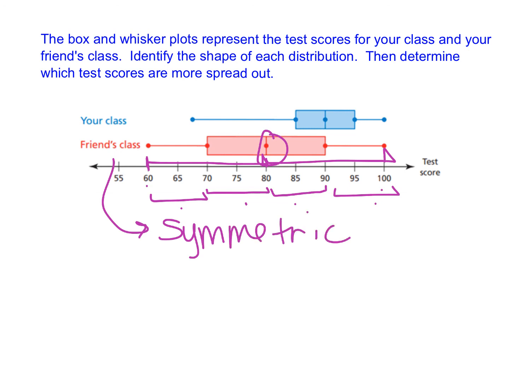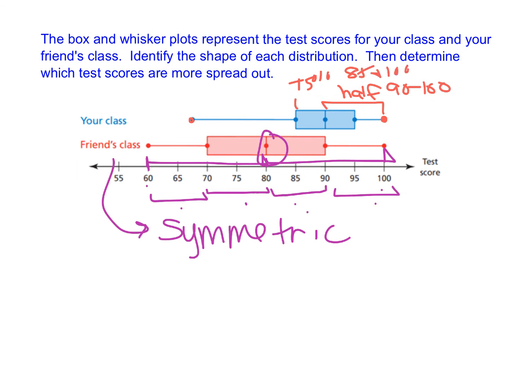Now here, we have values going from about 68 up to 100 in this top plot. And what I notice is that half of the data occurs between 90 and 100, and I've got 75% of the data between 85 and 100.